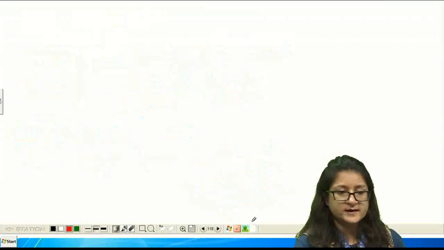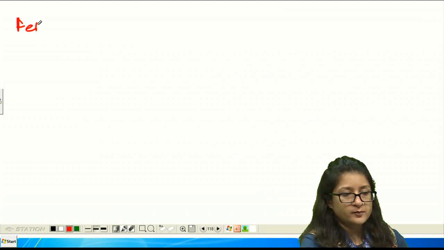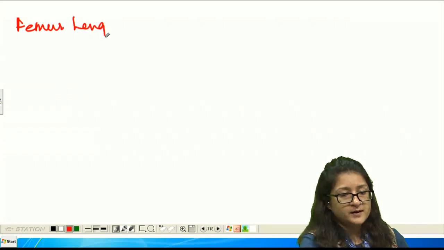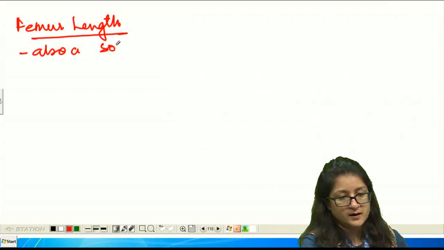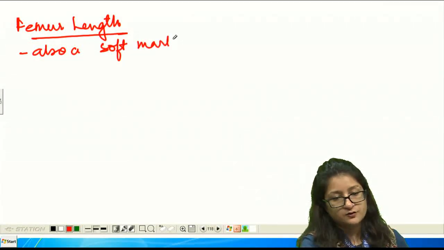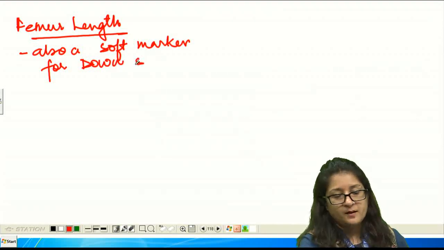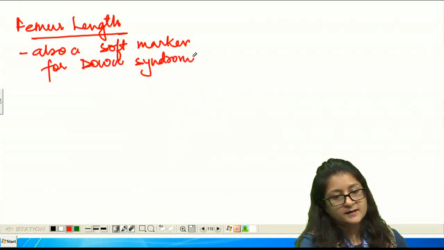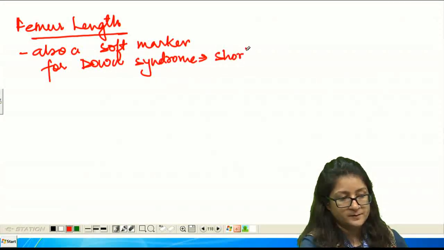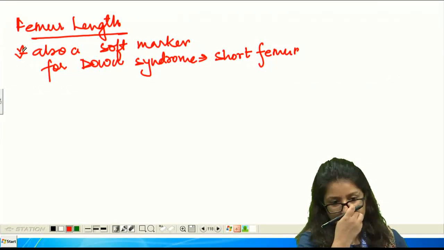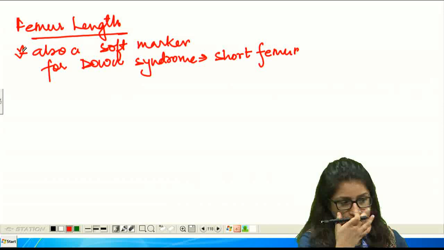Another important point is about femur length. Femur length is also a soft marker for Down syndrome. In that case, the femur length is shortened. So a short femur is a soft marker for Down syndrome.